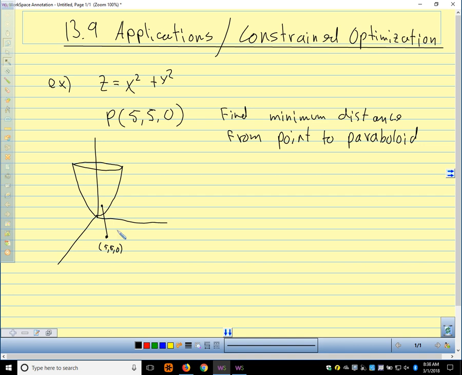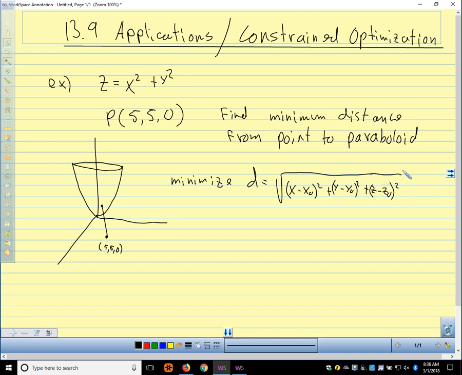So what are we minimizing here? Distance. So we minimize the distance, which is the square root of (x minus x0) squared, that's our point, plus (y minus y0) squared, plus (z minus z0) squared.